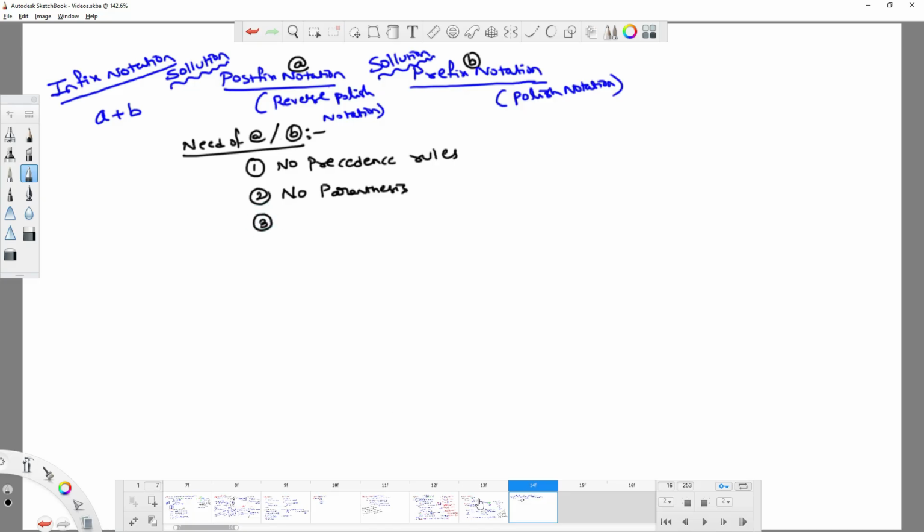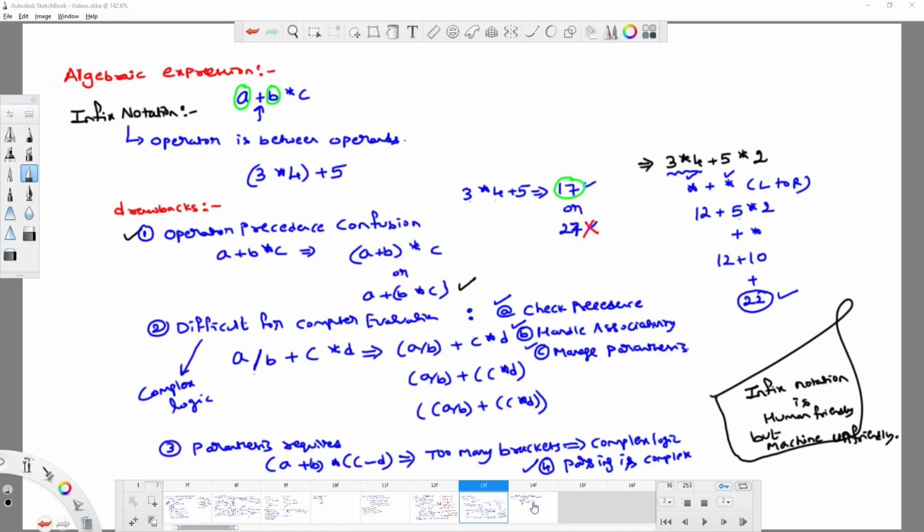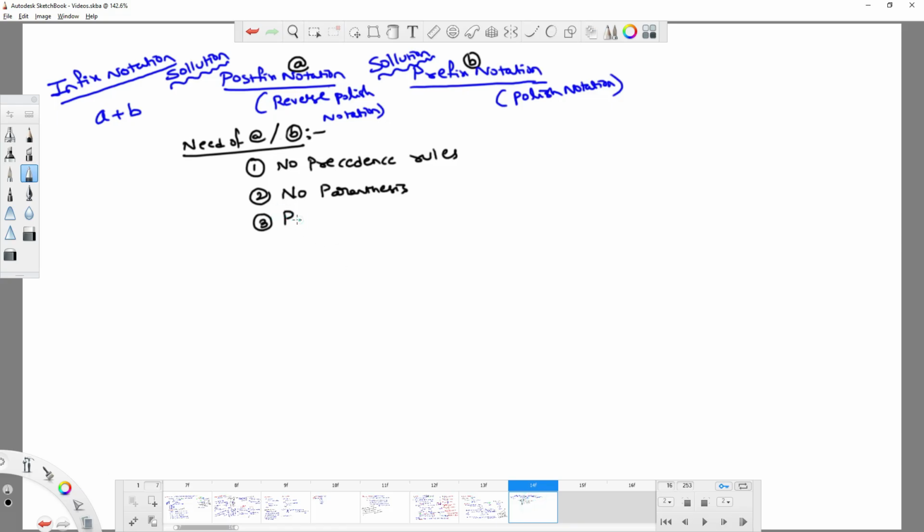And one more thing, parsing is easy, because we are using the stack here. Okay, fine. Sir, how are we going to do all these things? All of it will be explained in further videos.